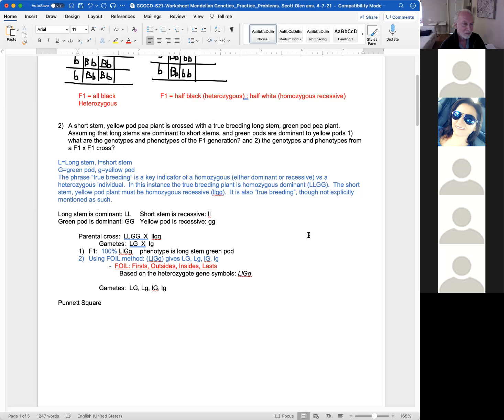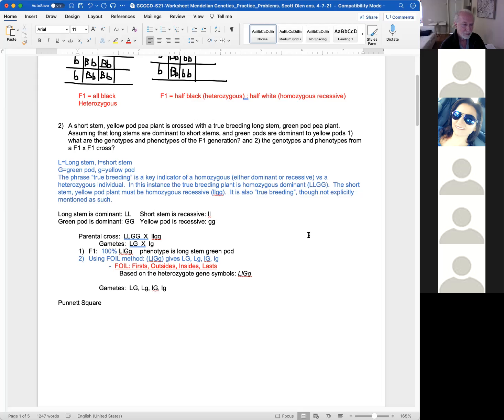So if this is true breeding long stem, it can only have big L as its potential alleles, or the alleles that it could put into a potential gamete.